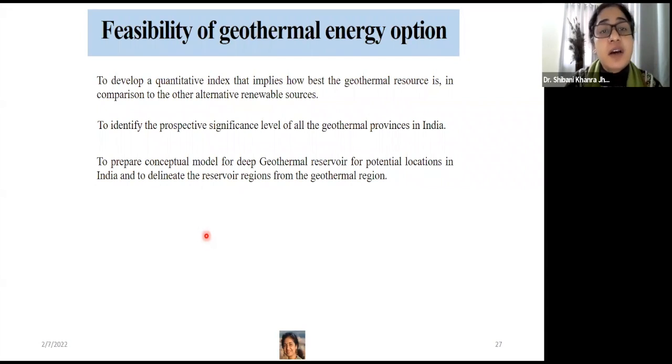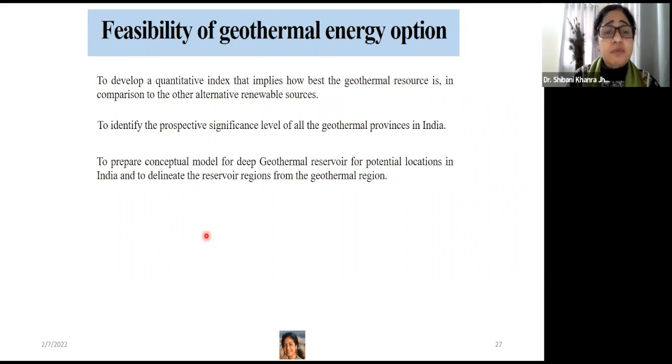A study was done by me and one of my research scholars, where a quantitative index was developed to show that geothermal resource is also a relatively promising alternative. Next, the prospective significance levels of geothermal provinces have also been studied to establish which field can be taken forward for a pilot study, if at all it is required.